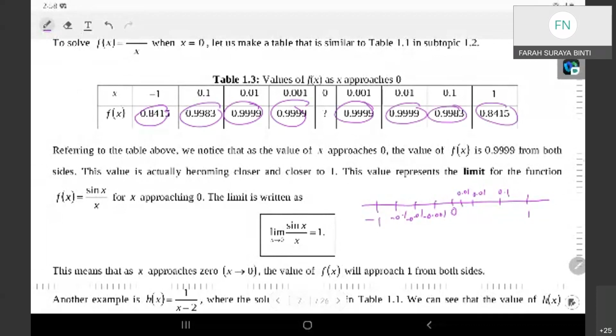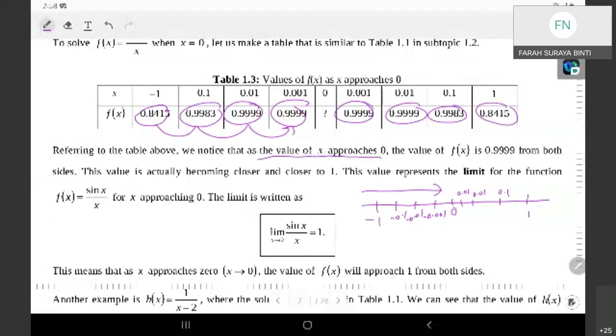Okey. So, awak boleh tengok pattern dia. Dia kata as the value x approaches 0, semakin nilai x menghampiri 0, the value of function, awak tengok pattern value function dia daripada sini ke sini, ke sini, ke sini. The value of function is 0.9999 from both sides.